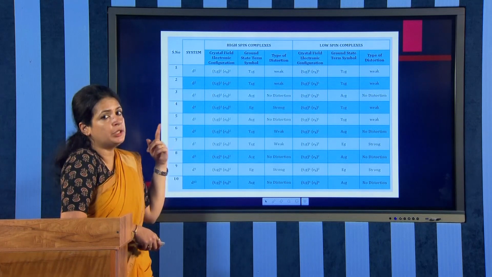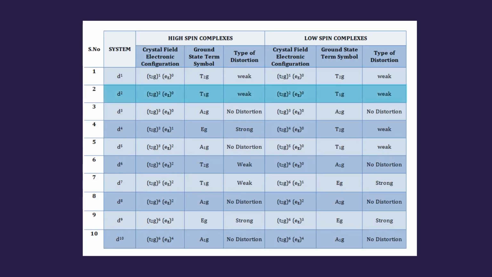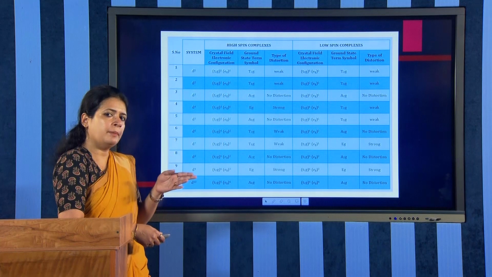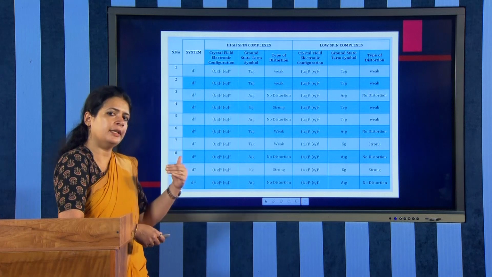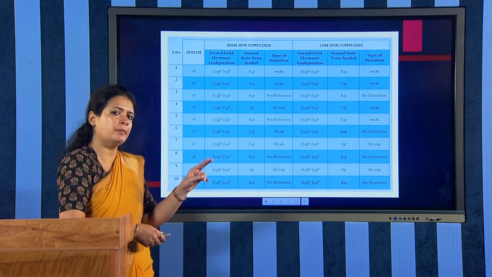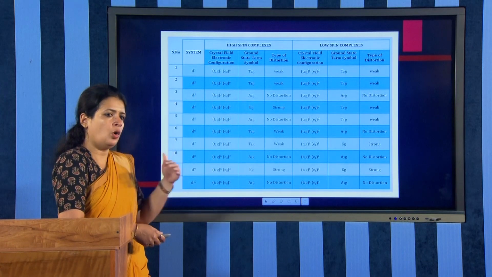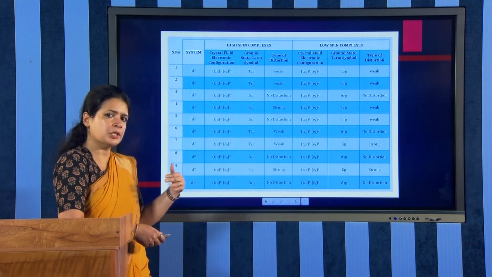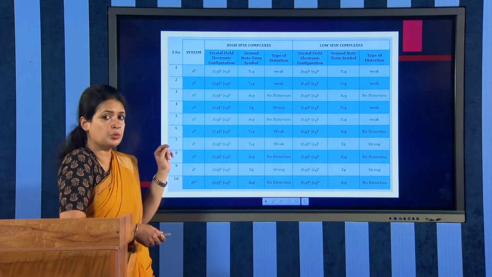Now moving to the d2 complex, two electrons are there in the t2g orbitals. The two electrons can occupy different combinations: two may occupy dxz and dyz while dxy has zero electrons, or other combinations are possible.